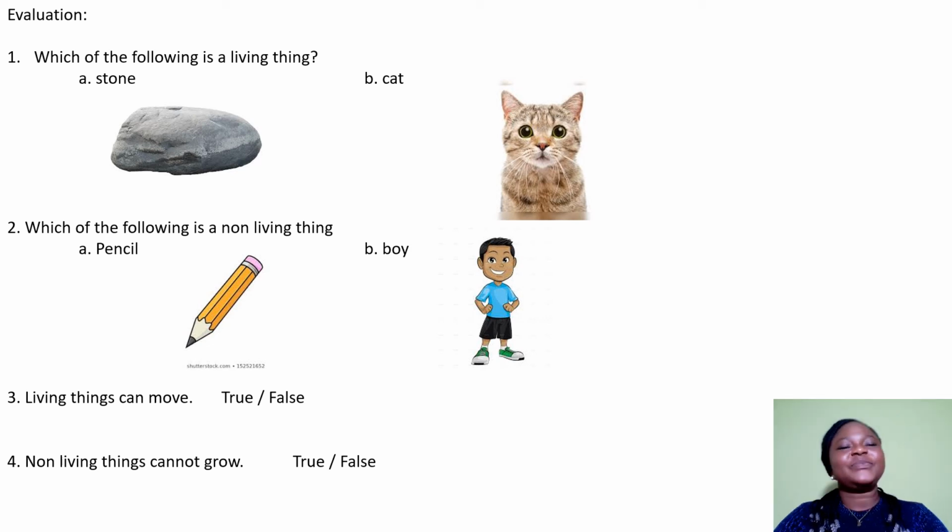Good. Let's come to our evaluation for today. Let's take our pen and paper and write our evaluation down. Can you take your exercise book and your pencil? Evaluation question 1.